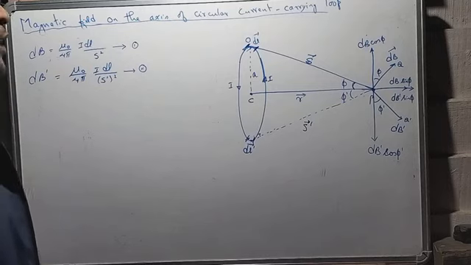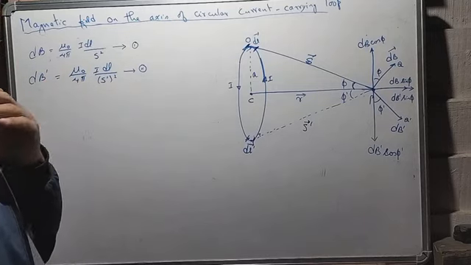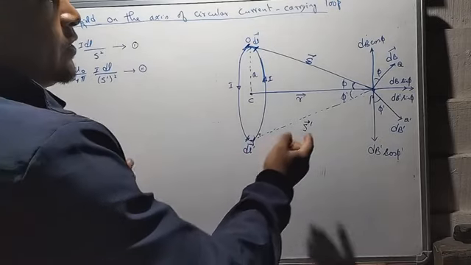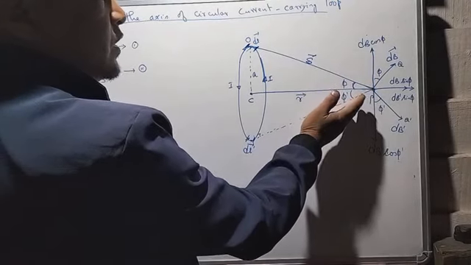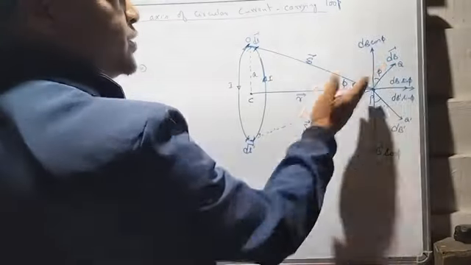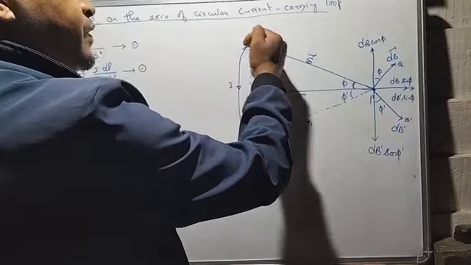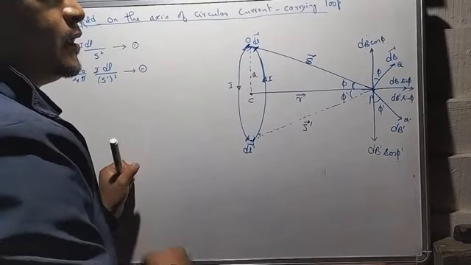Now looking at the directions of these two small magnetic fields, dB and dB dash. The direction of dB is along PQ, which is perpendicular to the plane containing this vector s and dl.